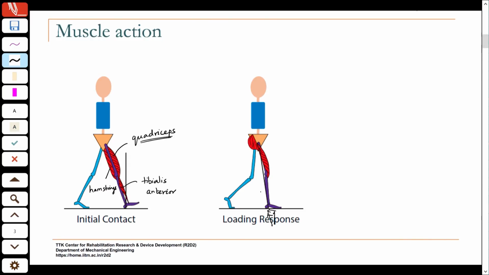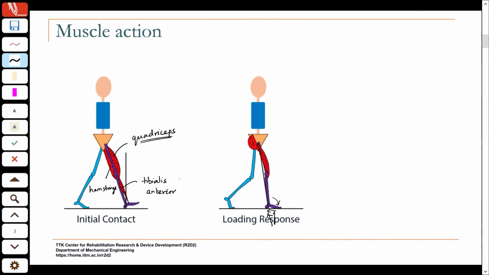So, the foot will plantar flex to achieve foot flat, and that motion again has to be slowed down, decelerated, and that happens with the action of the tibialis anterior. The tibialis anterior is an ankle dorsiflexor, but here it is acting as an antagonist to the plantar flexion.